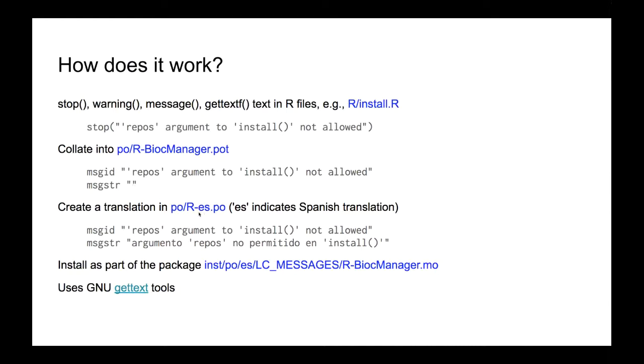Then if you're interested in creating a Spanish translation, you create one of these files, R-es.po, that has a particular structure, and there are tools in R that can help you create this, actually in Michael's PO tools package. The .po file has the original message ID and then the translation into Spanish or whichever language you're interested in. And you can translate one or all of the messages in the POT file.